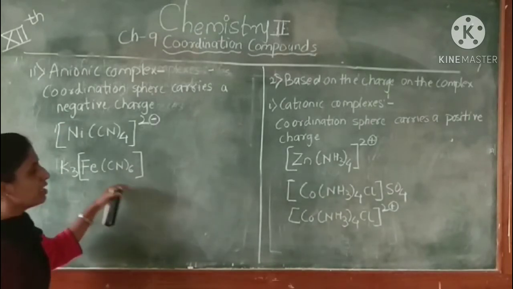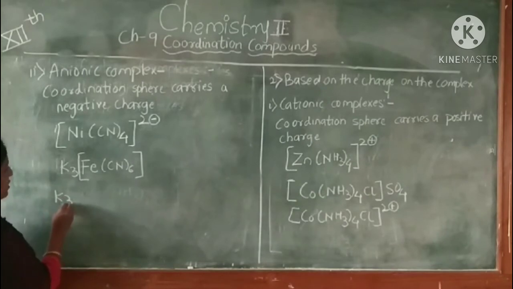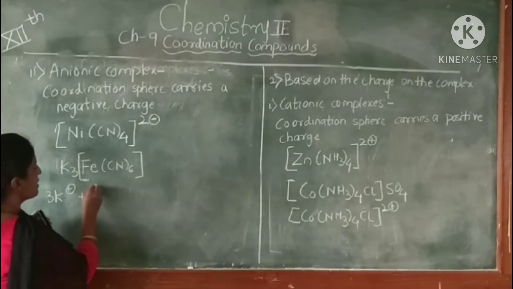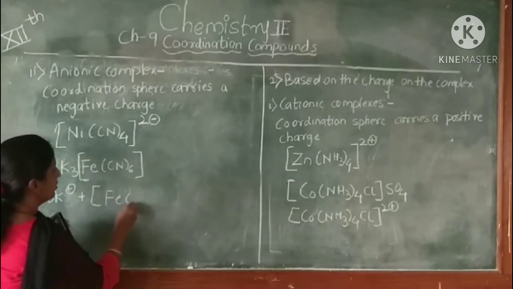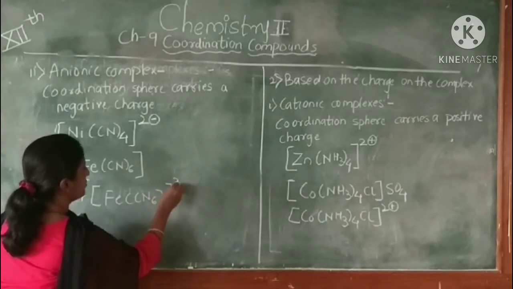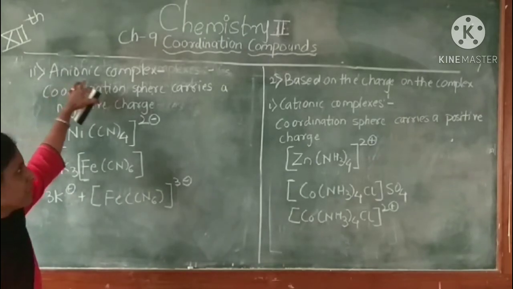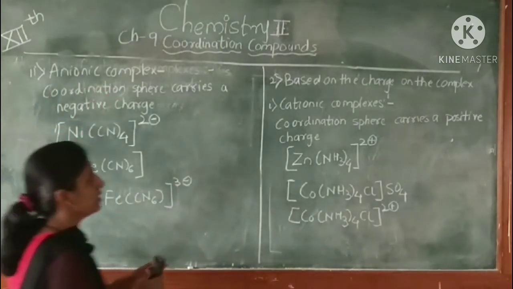Now again you will see why it has a negative charge. Here you have 3 potassium ions, and this complex is carrying a negative charge of 3. So this complex is classified as an anionic complex.